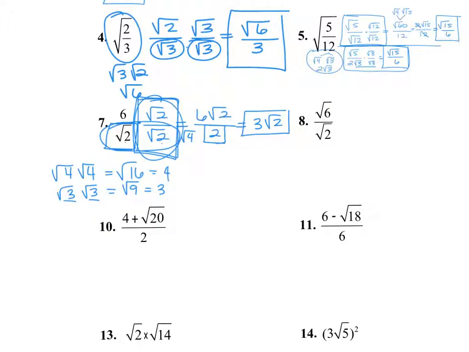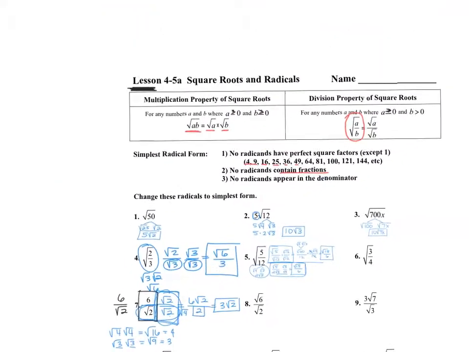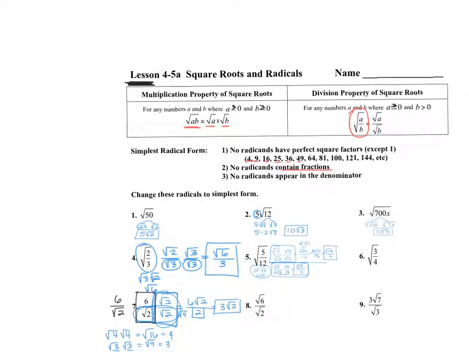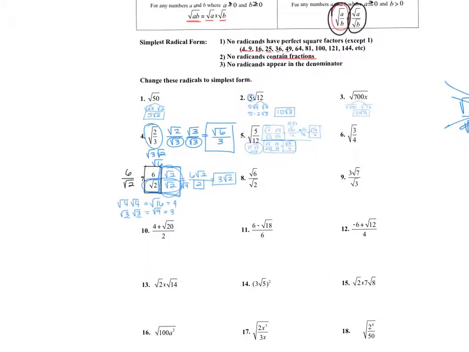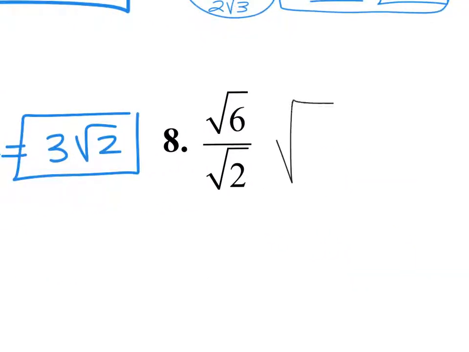Okay, look at these two problems. Number 7 looked like this, 6 over the square root of 2. Number 8 is the square root of 6 over the square root of 2. If you think back to our rule here, this can be this. So essentially what they're saying with this one is we could think of this as the square root of 6 over 2, which is the square root of 3.